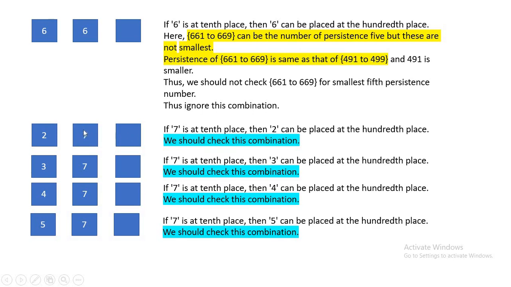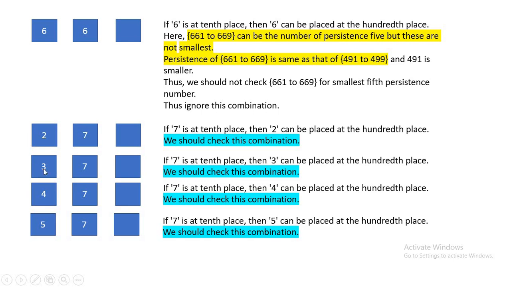Now placing 7 at the 10th place, except 1, each and every other digit lesser than or equal to 7 is an eligible combination. So we should check that also, because this is not coming less than 260, and there is no other number whose persistence is the same as this number.